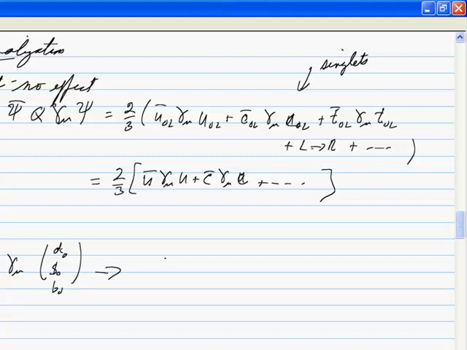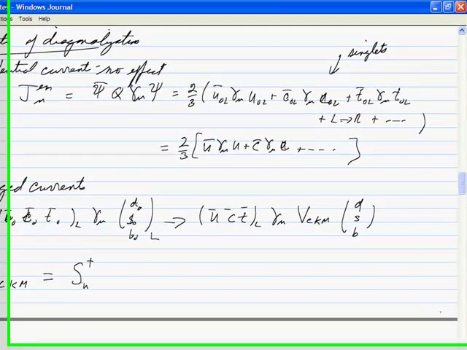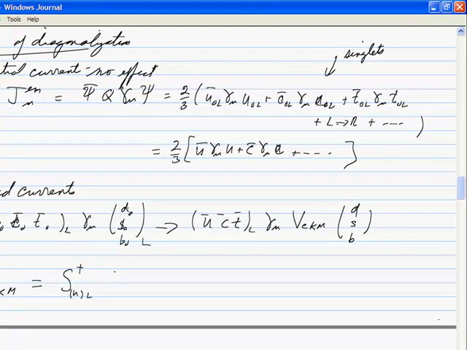This turns into the couplings U, C, T left gamma mu V_CKM D, S, B. Actually, I may have written the definition backwards there, but no, it's actually right. V_CKM is then S for the up-type quarks daggered, S left for the down-type quarks left-handed.